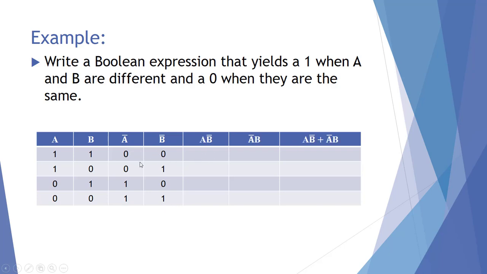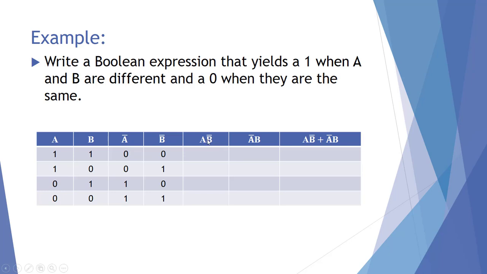Those negation columns are going to be useful because they give us a way to describe when a and b are different. So for example, in row 2, there's a case where a and b are different, but if a and b are different, then that means a and the negation of b are the same. So we want a column that represents a and the negation of b. That is to say a times the negation of b, and you'll notice here that we don't have to use a multiplication symbol there.